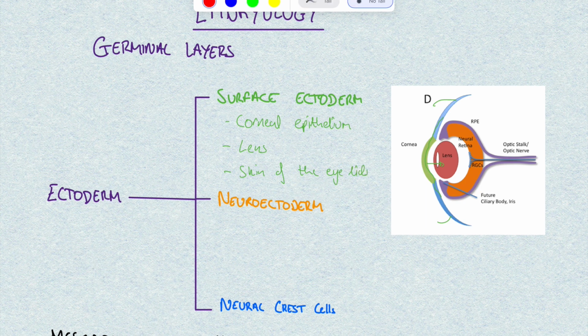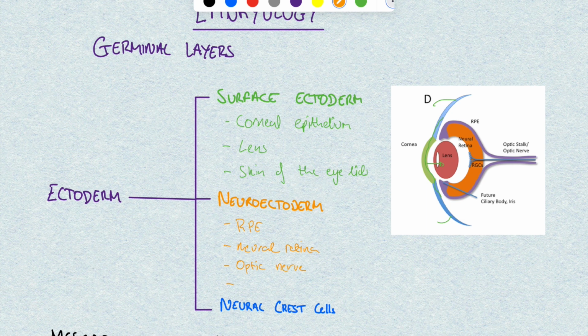Perfect. And now the neuroectoderm is anything that comes from behind this. Okay, so what do we have? We have the retina split up into the RPE and the neural retina. Then we also have the optic stalk, which becomes the optic nerve.